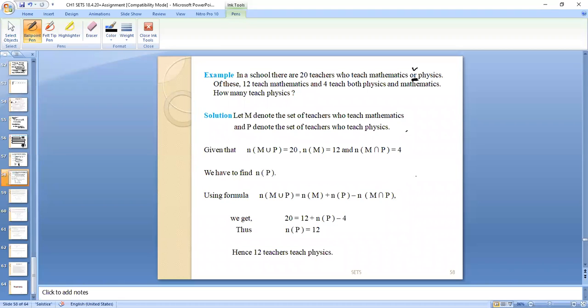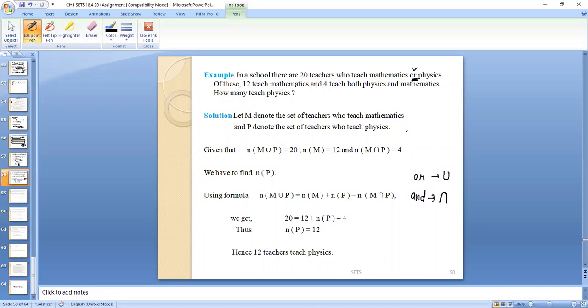'Or' always stands for union, and 'and' always stands for intersection. These are the two concepts which you have to keep in mind. 'Or' will stand for union and 'and' for intersection, then you will easily analyze the statements.